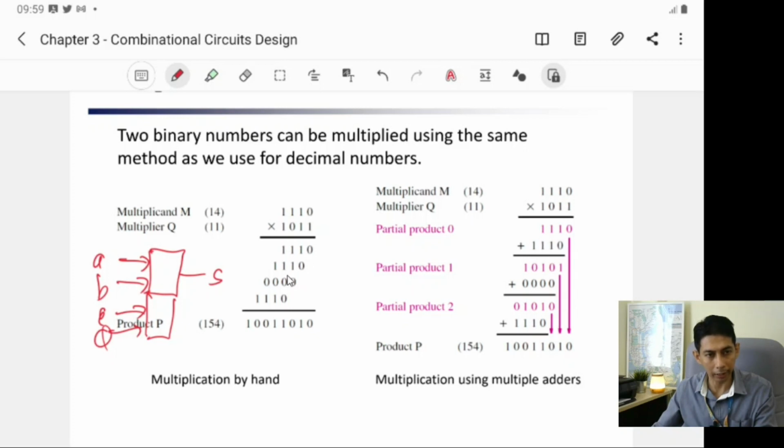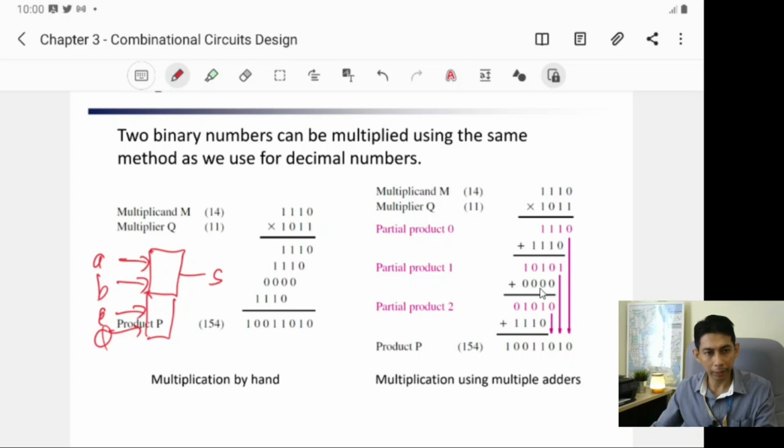But instead of multiplying, we add first. We use the two input adder. We add this number, and 1011 is the product of this addition. This one needs no add, so it goes straight to the result. And this one we add, so we can get this number. This we call partial product 1.